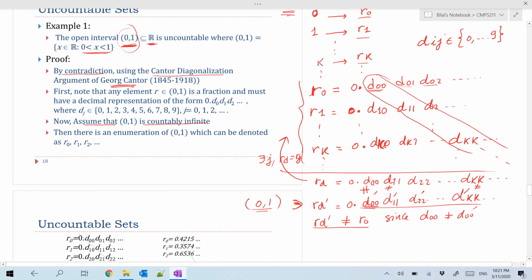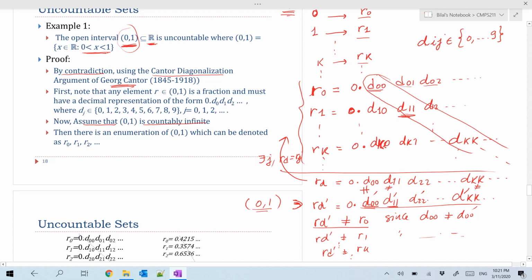I think you guessed what I would be doing. So Rd prime is also different than R1, and it's also different than Rk, and so on and so forth. Once again, because I'm always having one digit in the value of Rd prime that is different than exactly one digit in every single one of those numbers.